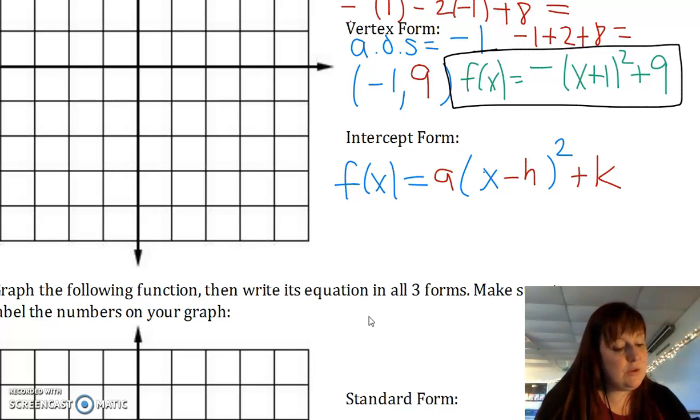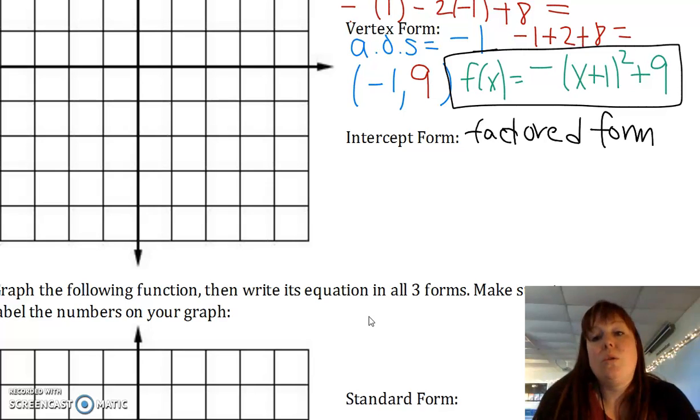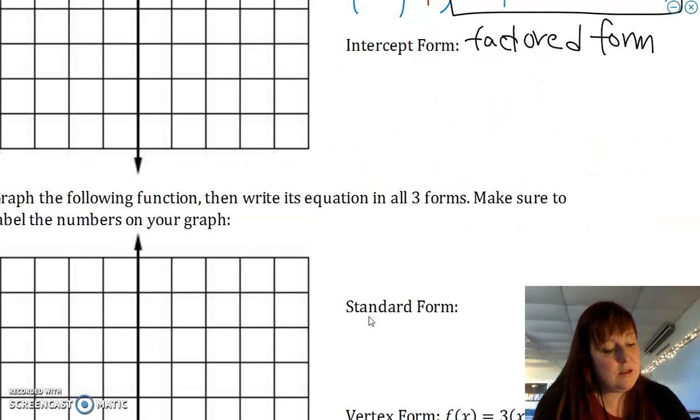Okay, now we do intercept form. And remember, the other name for intercept form is factored form. So that means we just factor. Okay, so let's look at this up here. I'm going to rewrite it: negative x squared minus 2x plus 8.